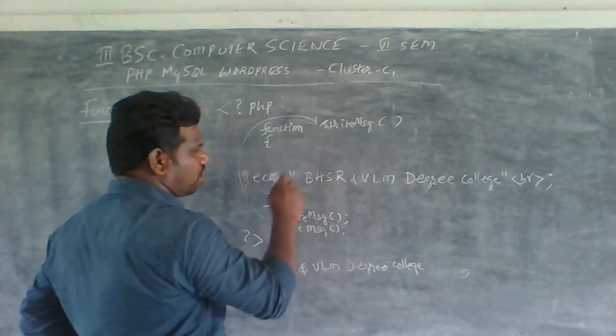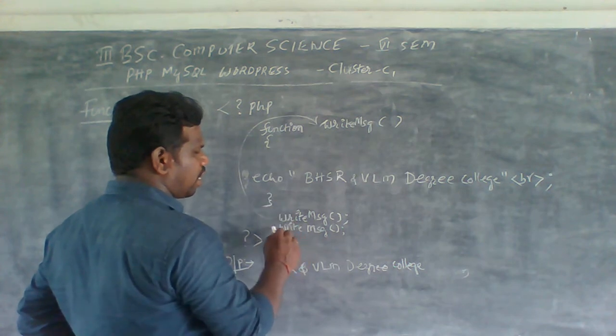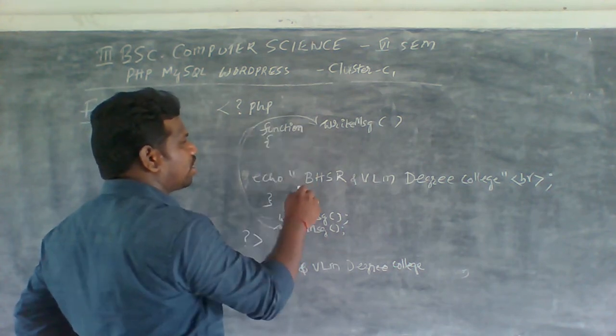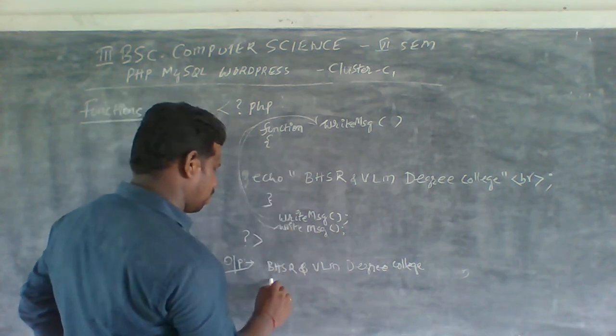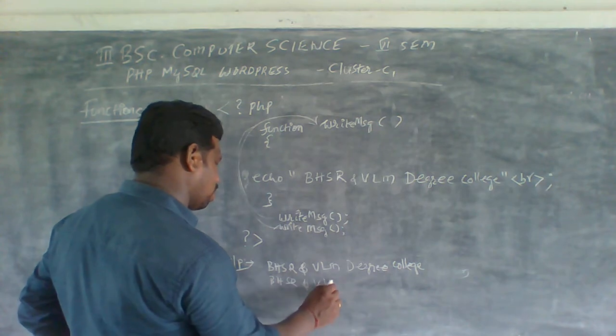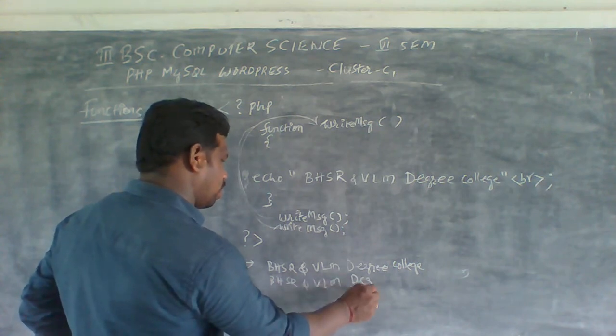After this function call is closed, it comes back here, executes these lines again, and the answer is again VHS VLM degree college.